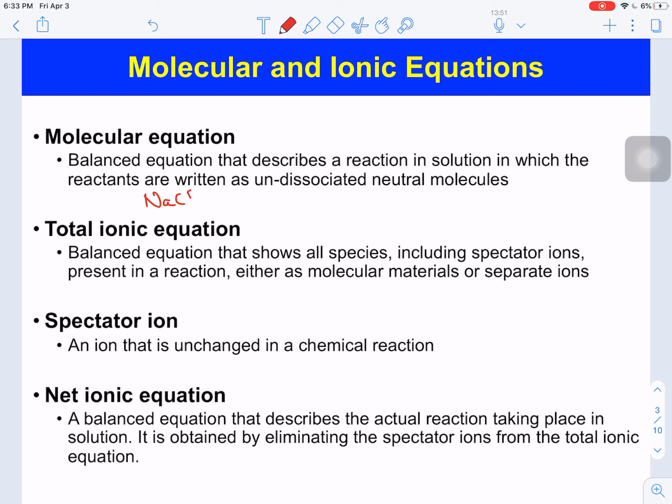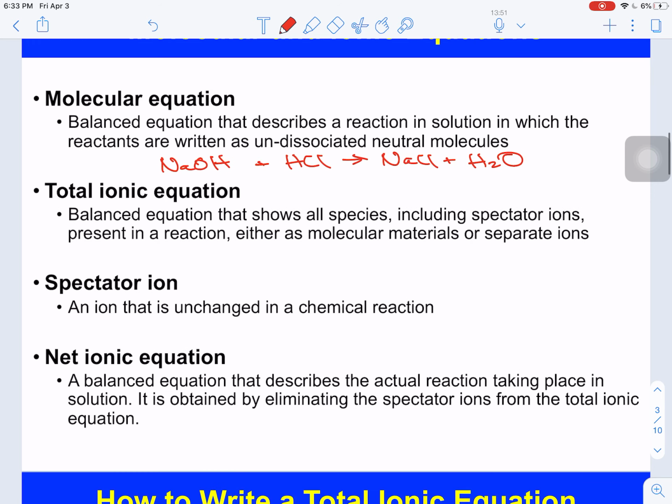Any sort of molecules coming together that are neutral and they have some sort of reaction. That is a perfect example of a molecular equation. That's all you need. It just needs to be balanced.